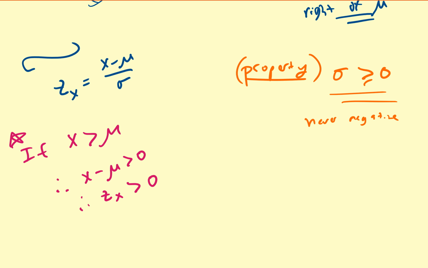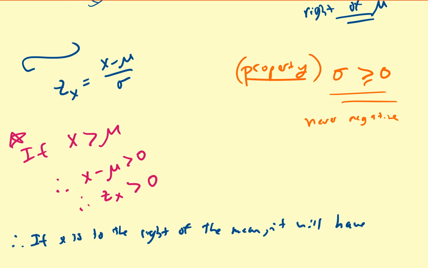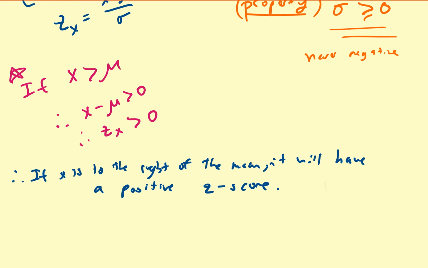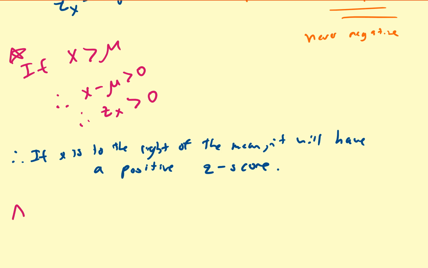So therefore, what does this mean? If x is to the right of the mean, it will have a positive z-score. Similarly, if x is less than mu, that means x minus mu is going to be less than 0.